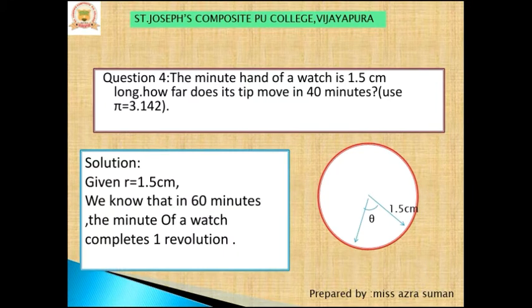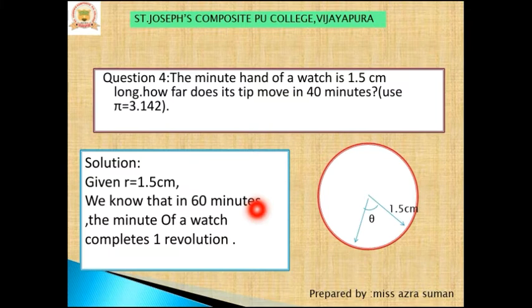Solution: given r equals 1.5 centimeter, because here we have to take the length of the minute hand as the radius of the circle. And we know that in 60 minutes the minute hand of a watch completes one revolution.